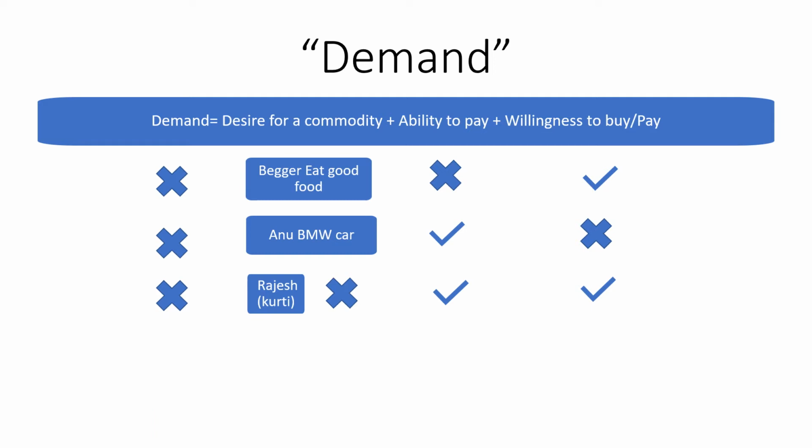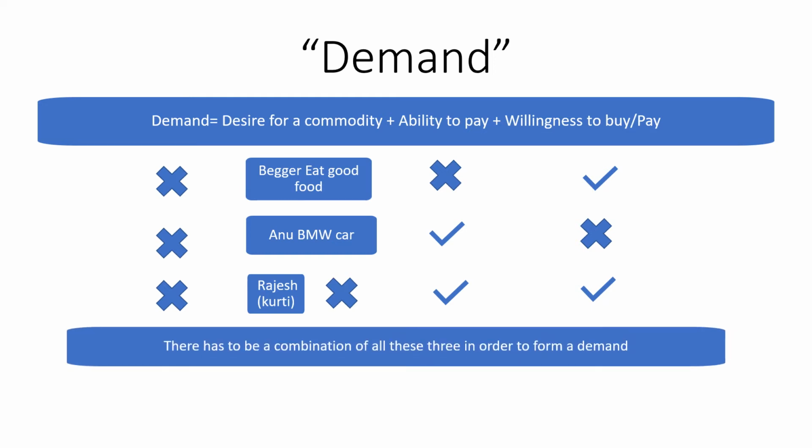If you look at these three cases, the demand is getting affected by one or the other. Now, if demand has to be formed, then the combination of all these three has to be present. Now let us take an example. Anu has a desire to buy a BMW car.